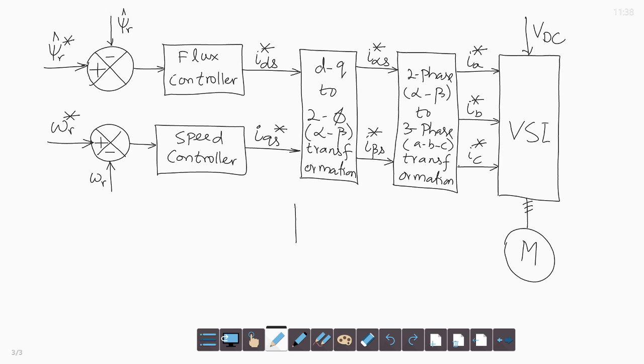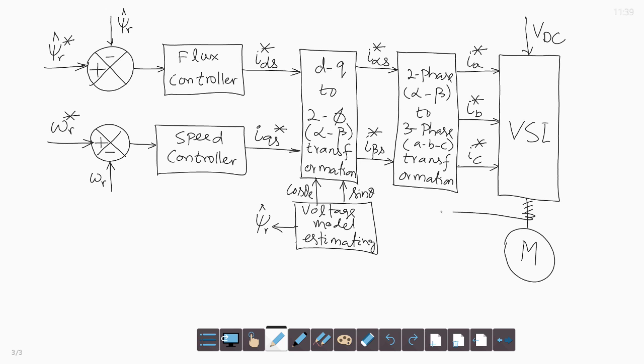So, we have a voltage model estimation, voltage model used for estimating the flux components and hence generate the unit vector cos theta E, sin theta E unit vector, and also estimate the rotor flux psi r hat using the sensed currents and sensed voltage.